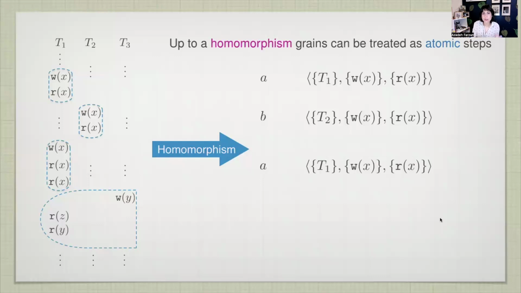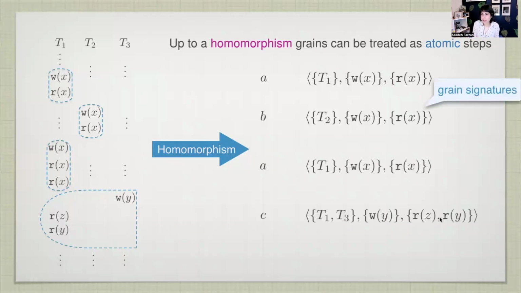I want to emphasize that even though a classic homomorphism would match these words or subwords to actual letters, and you would have an unbounded alphabet on your hands, a simple observation is that we don't care about the nature of the letter to decide whether two grains commute or not. We care about the nature of the resources it touches, and then we actually have a bounded alphabet as a result, right?